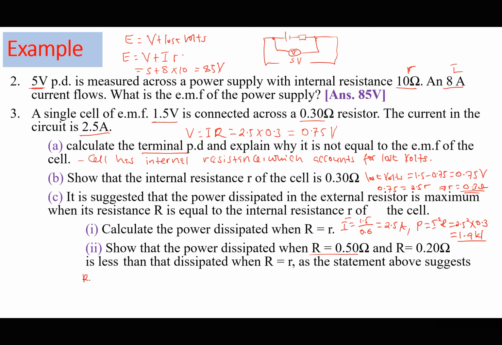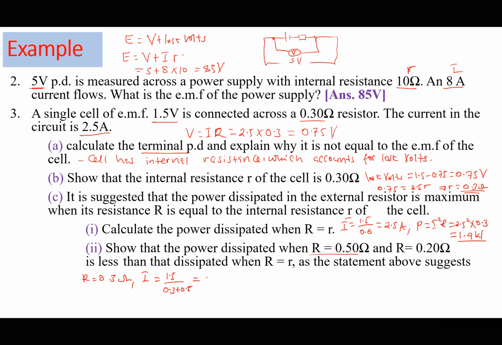So for R equals 0.5 ohms, the current flowing is going to be equal to EMF, which is 1.5, over total resistance, which is 0.3 plus 0.5, which is 1.5 divided by 0.8.